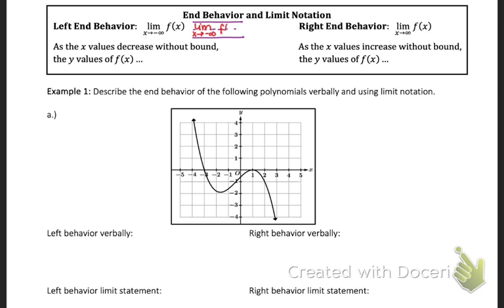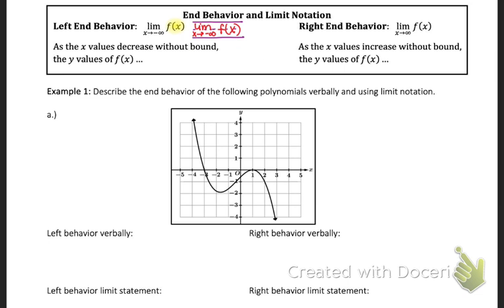And then the f of x is normal size. You always have to have a function inside it, okay? Limit is an operation the same way square root is an operation or log is an operation. You can't just write ln. That doesn't do anything until you do it to a value or to a function.